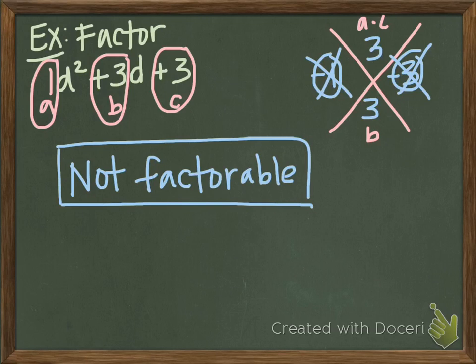Quadratic formula can always be used, regardless of if it's factorable or not. But if you can factor first, sometimes that makes it a little bit easier. Right now, you don't know the connection between what we're doing, but next week we're going to put it all together. So not factorable is a possibility.